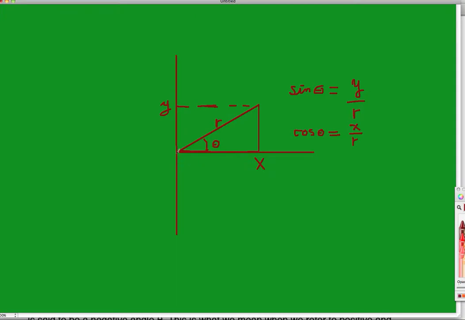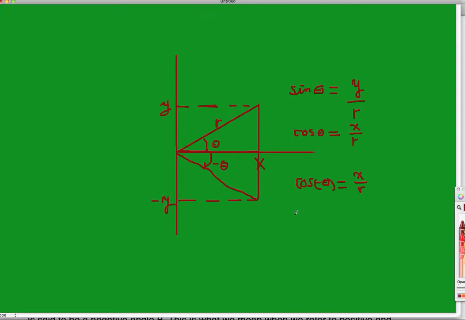Now, if we're measuring the angle in the negative direction, or the clockwise direction, this is negative theta. The cosine is still the projection on the x-axis. So the cosine of negative theta is still the same as the cosine of theta: x divided by r. But the sine of negative theta is now this projection, which is negative y.